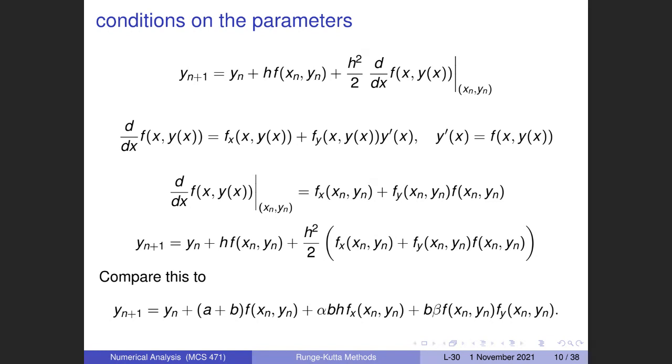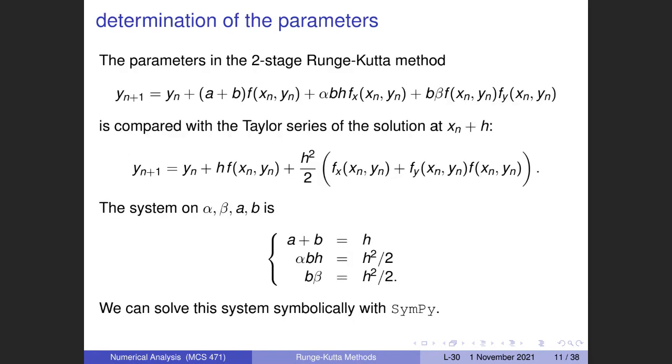And we have our previous line, which represents the truncation of the Taylor series. We can start identifying the terms now. So you can recognize, as I indicated earlier, that a plus b equals 1, that alpha times b times h equals h squared divided by 2. And then we have the last term.